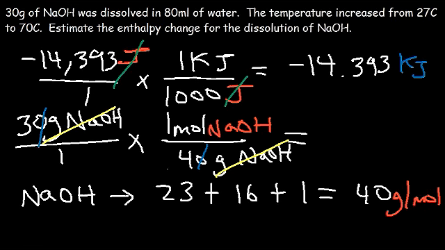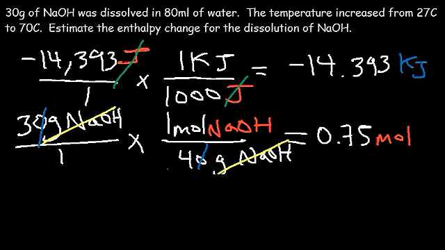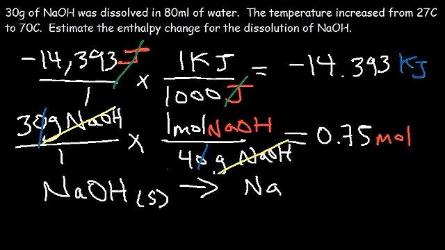So this is basically 3 over 4. 3/4 is 0.75. So we have 0.75 moles of NaOH. So now we can calculate or estimate the enthalpy change of the reaction for the dissolution of sodium hydroxide as it dissolves into the sodium cation and the hydroxide anion.